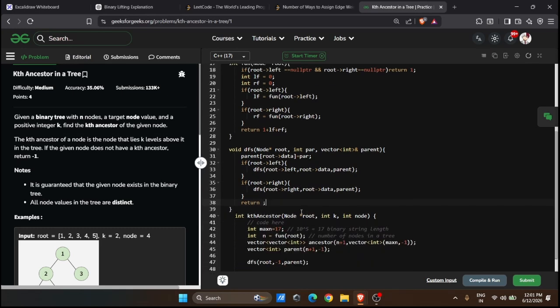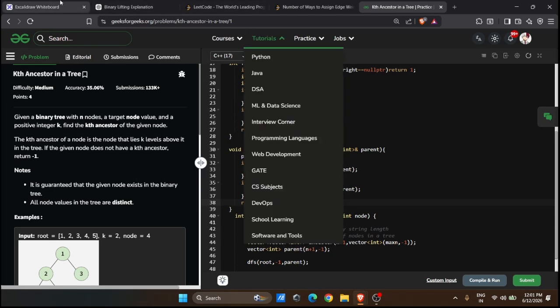So this is a DFS function that I have built to get the level 1 parent of all the nodes. Let me explain with an example with a dry run so you can easily understand it.